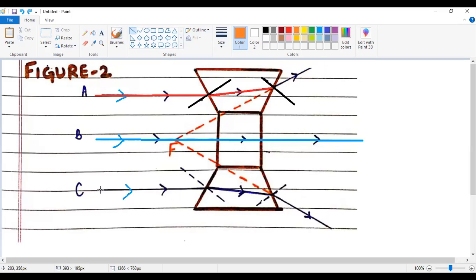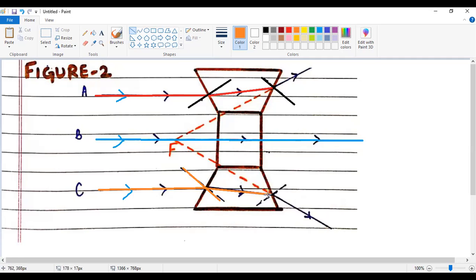Now let us see what happens to the ray C. Again, when ray C is incident on the first surface of the prism, the ray will bend away from the central part of the prism, as it has to go from rarer medium to denser medium.